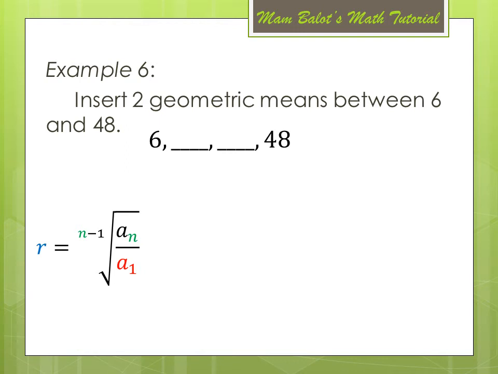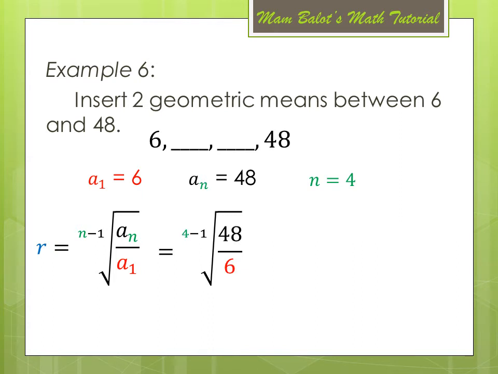So from here, we know that a sub 1 is equal to 6, a sub n, which is our last term, is equal to 48, and n is equal to 4 since we have 4 terms all in all. So substituting to the formula of r, we have now the 4 minus 1 root of 48, which is our a sub n, divided by 6, which is our first term.